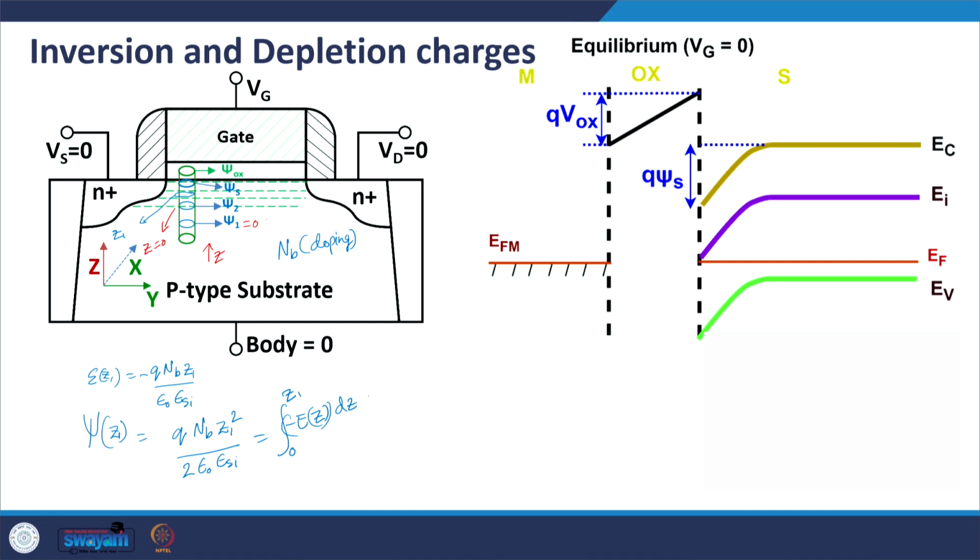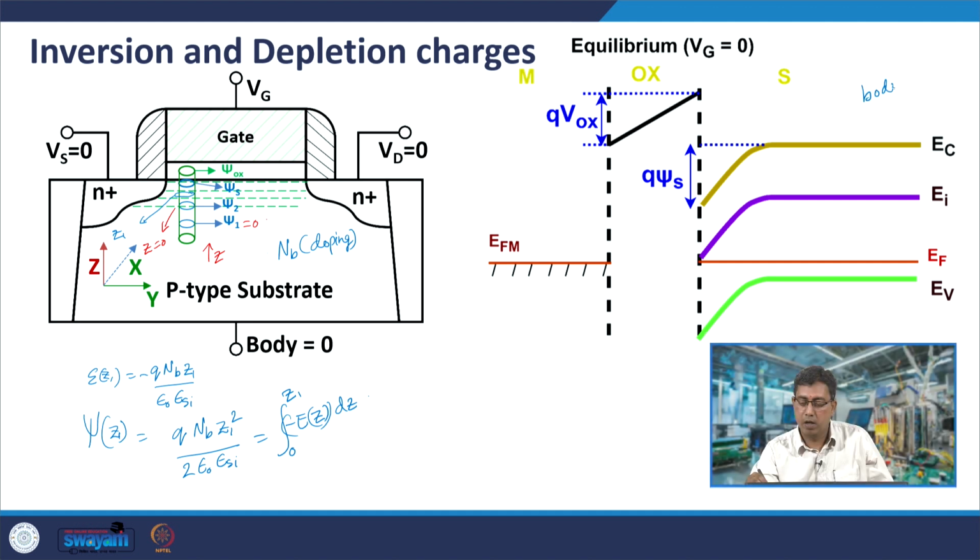Now, let us look at this from a band diagram point of view. The system is in equilibrium. So, the body here and gate material are in equilibrium, so the Fermi levels would align, that is what is happening. And now, let us see what this difference is. This is the intrinsic level and this is the Fermi level.